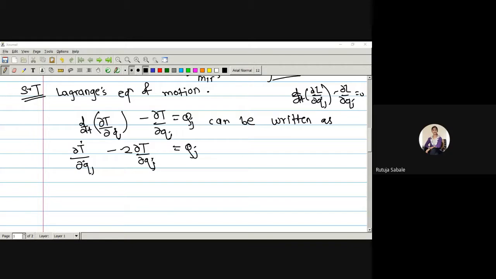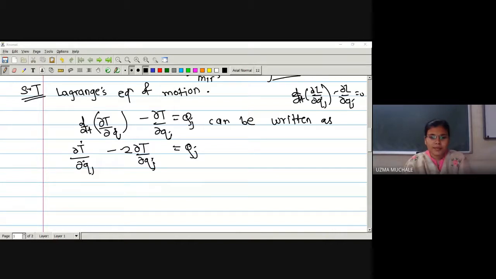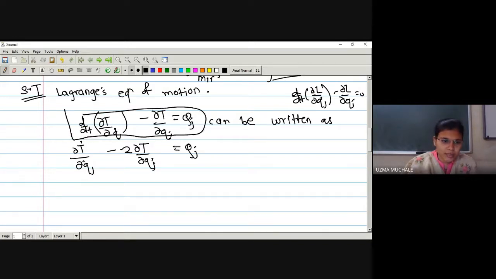Ma'am, Lagrange's L is in terms of T and V. So there are two energies. Actually, it is for a conservative system. Here, this is the equation for a conservative system. But what is our original Lagrange's equation of motion? This is our original Lagrange's equation of motion. What is our question? Lagrange's equation of motion can be written as. We have to show this part. What is my question? Why do we say Lagrange's equations of motion if we have only a single equation?